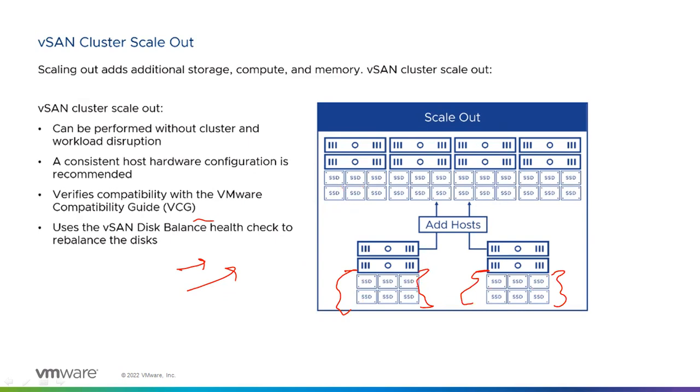We saw last time that when we add a host, the disks are by default in the unclaimed state, so go ahead and claim the disks on the basis of the standards we are following with the rest of the hosts. Following the standard means that if there are 2 disk groups per host, then we have to create 2 disk groups per host here as well.